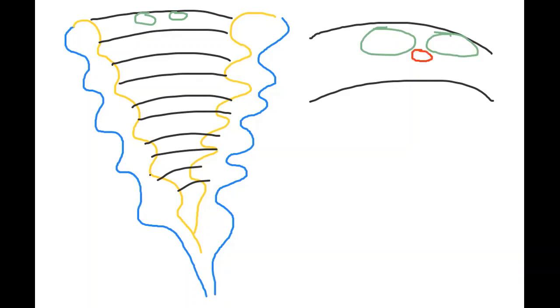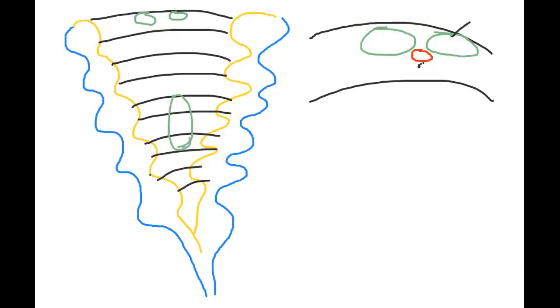Behind this in the median part is a small swelling known as the tuberculum impar. Behind the tuberculum impar is a small depression known as the foramen cecum. So this is about the first arch. Now, in the second, third, and the fourth arches, another swelling emerges. This is known as the hypobranchial eminence.